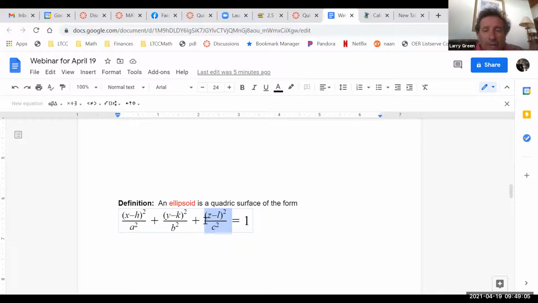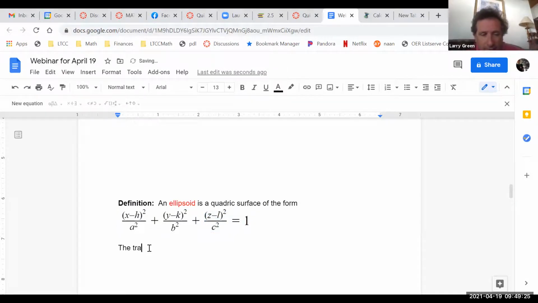When you get rid of one of the variables, when you take the projection onto a plane, the xy plane, the yz plane, or the xz plane, that's called looking at the trace. So let me write that down.